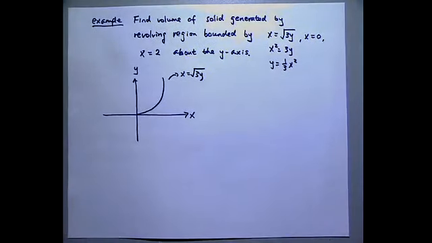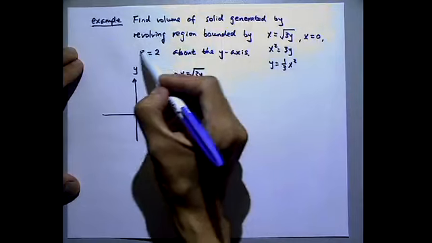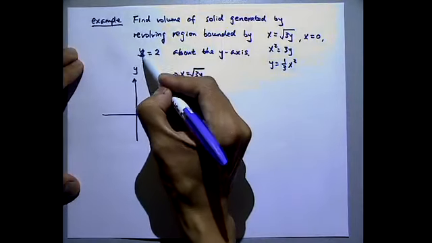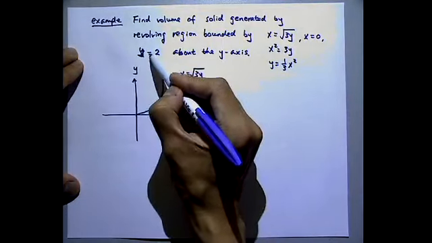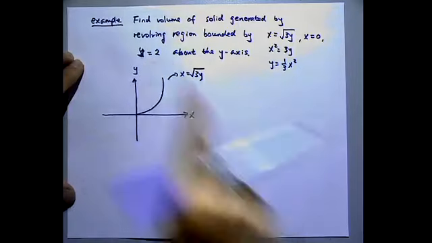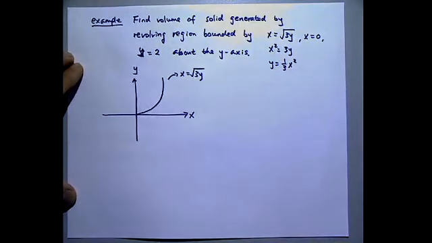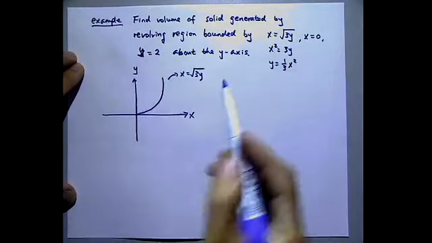Okay, make sense? Okay, and then the region bounded by that, x is equal to 0 is right here. Oh, this should be y equal to 2, sorry. So this last curve here is y is equal to 2. I wrote x is equal to 2 earlier, I meant y is equal to 2.